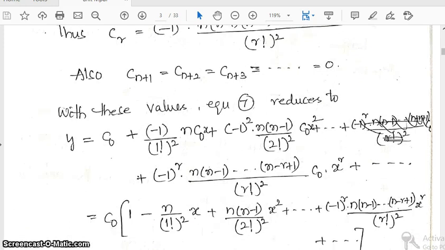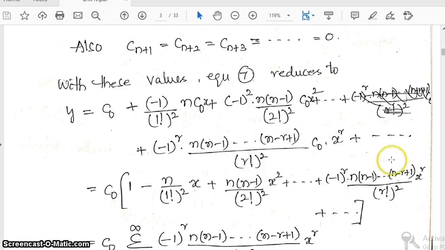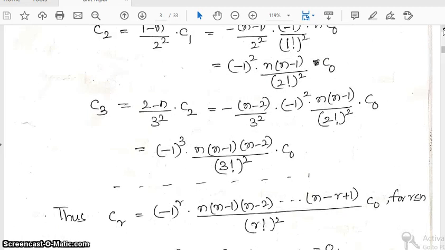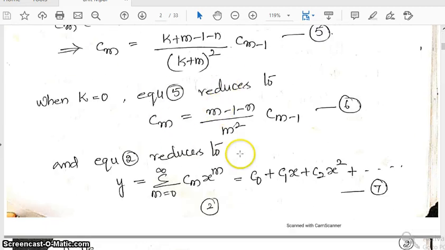So with these values, our equation 7 is y equal to C_0 plus C_1 x plus C_2 x square plus so on. Substituting the values of C_1, C_2, and so on, C_R, we will get y equal to C_0 plus the value of C_1 plus the value of C_2, and so on.